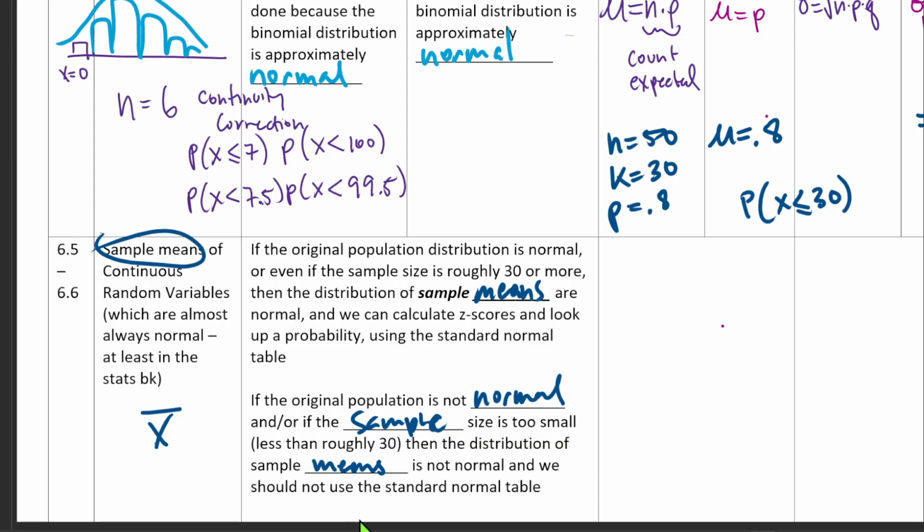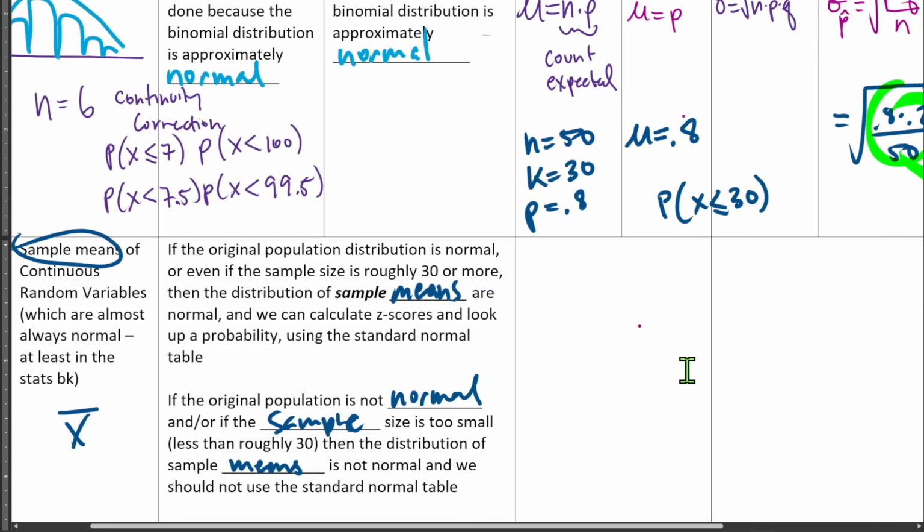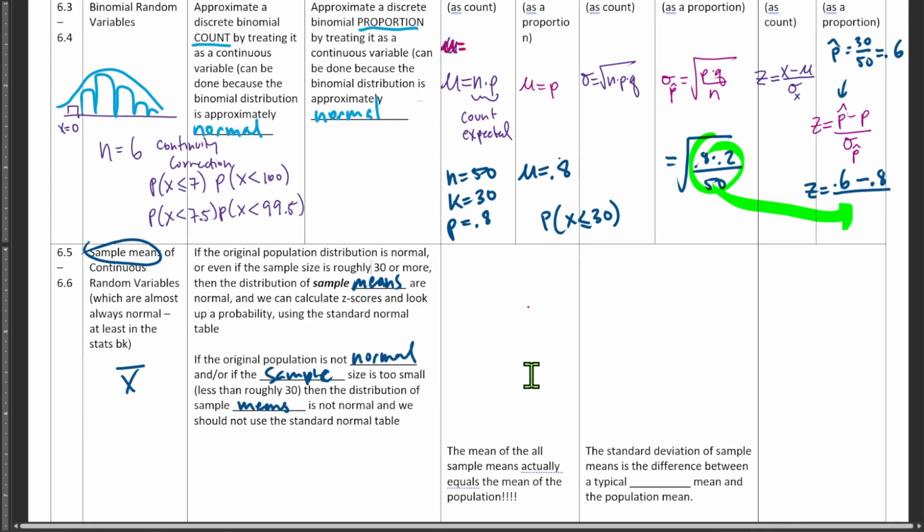That's like the typical multiple choice problem. Why is this problem not valid? Oh, because you didn't have 30 in your sample and because the population originally was not normal. That's why you couldn't do it. But most of the time, you're going to have either a normal population or 30 in your sample.